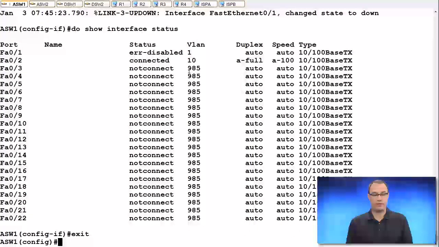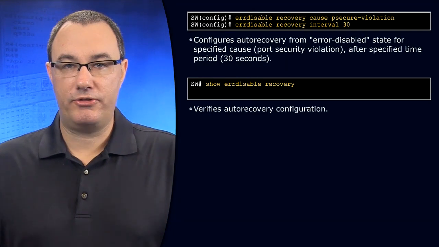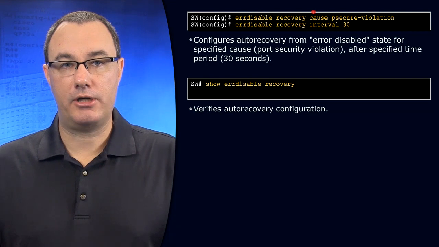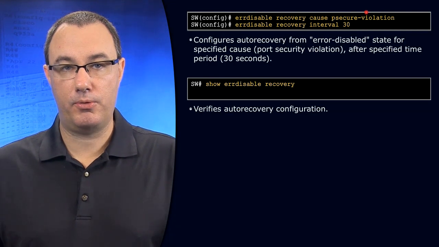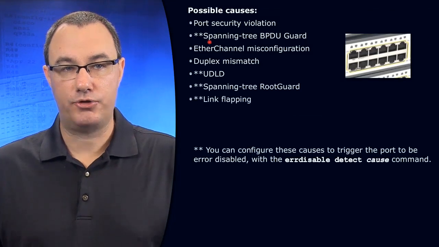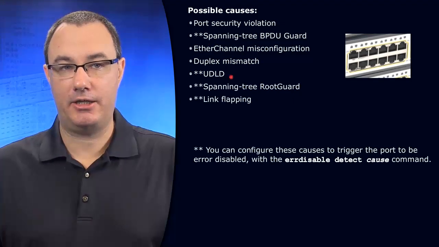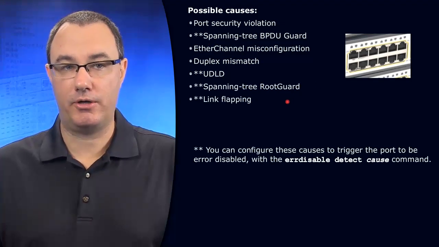So what I want to do is this. Let's go back to our slides for a moment to talk about this. We see the syntax, errdisable recovery cause, and I want to do this command, psecure-violation. But I want you to know that we have certain triggers that can be automatically recovered from.